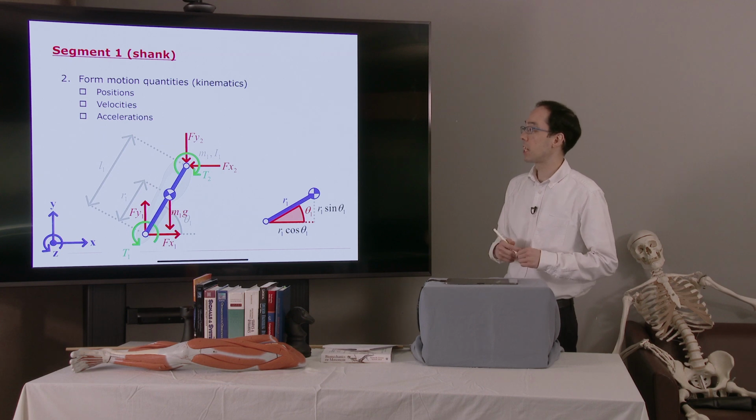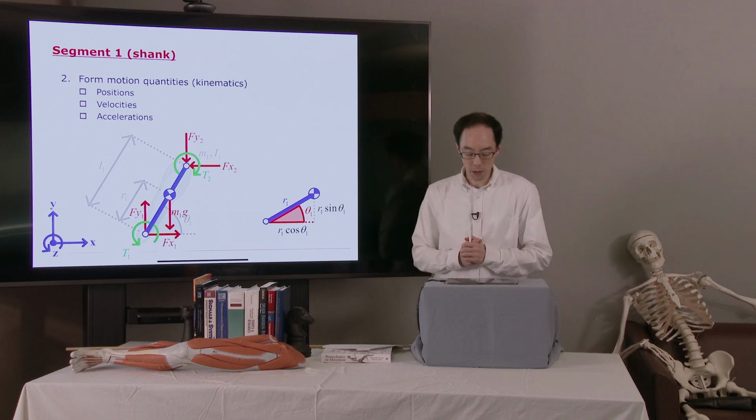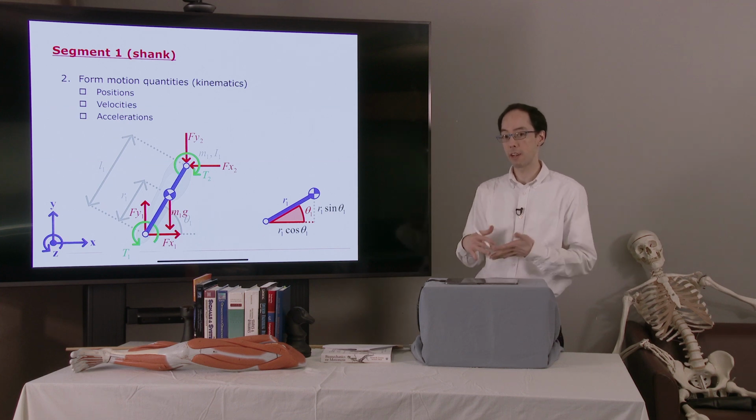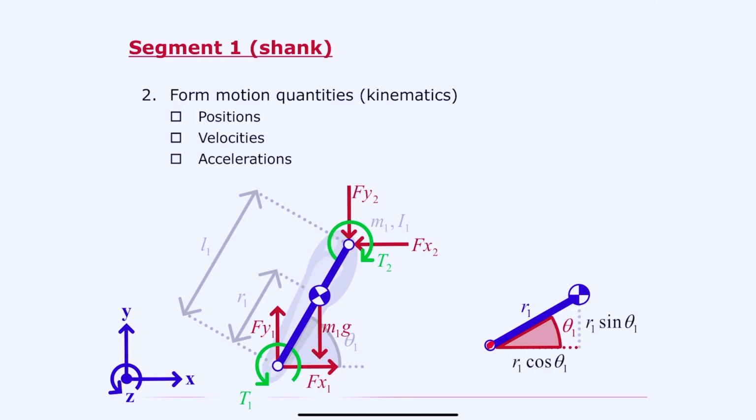We're going to form the kinematic equations. In particular, we'll compute the positions, velocities, and accelerations of the center of mass in the x and y directions. So look at the little picture in the bottom right corner there. We'll assume that the ankle is the origin of our global reference frame.